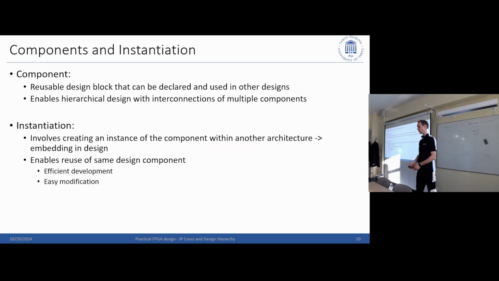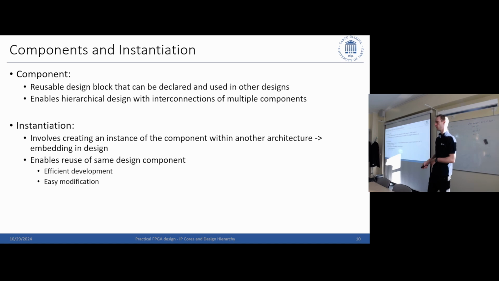Components and instantiations. Components basically enable a reusable design that can be declared and used in another design. I have a block design and I create a component out of that block, and then I can use that in my current architecture, for example. It enables hierarchical design and interconnections of multiple components.